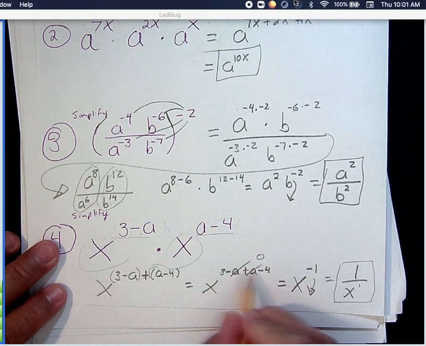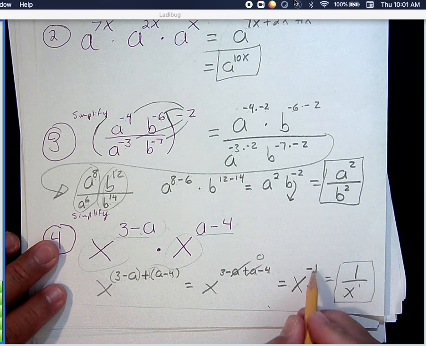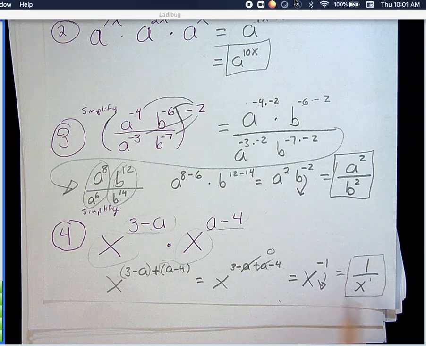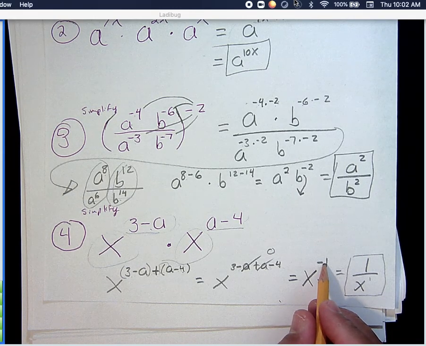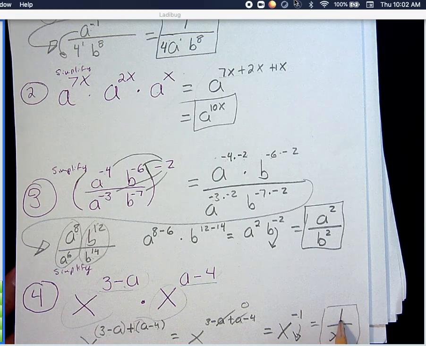Because these two, they became 0. Negative a, positive a, 0. You end up with that. And that's it. The other one is kind of like this. I don't think you end up with a number. I think you end up with numbers and letters, I think. So you might not have to bring down anything.